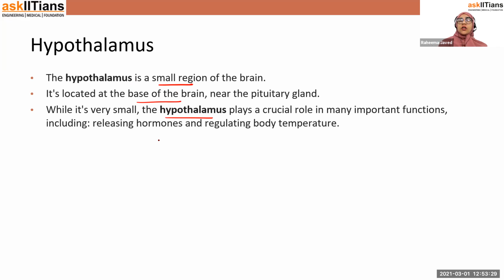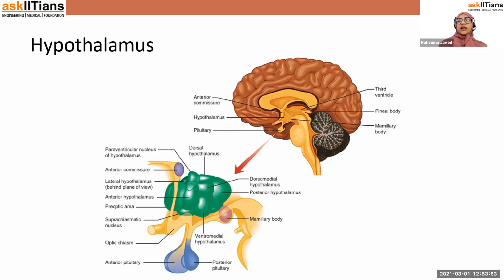Although it is small, the hypothalamus plays a very important role in controlling important functions, which include releasing hormones and regulating body temperature. In this video we are going to focus on the release of hormones. This is the structure of the hypothalamus: the hypothalamus is present here, and the pituitary is hanging from its base.